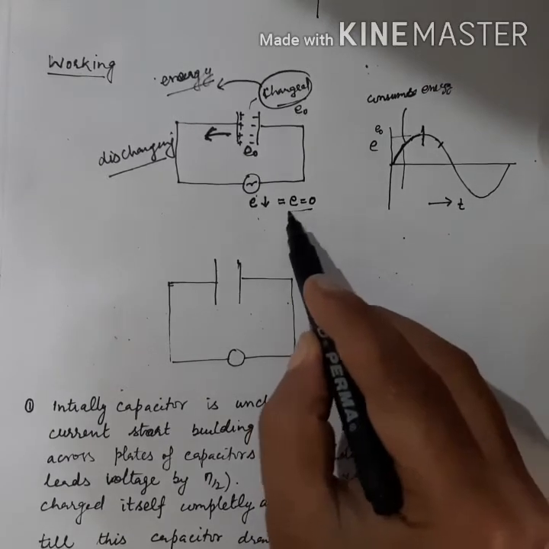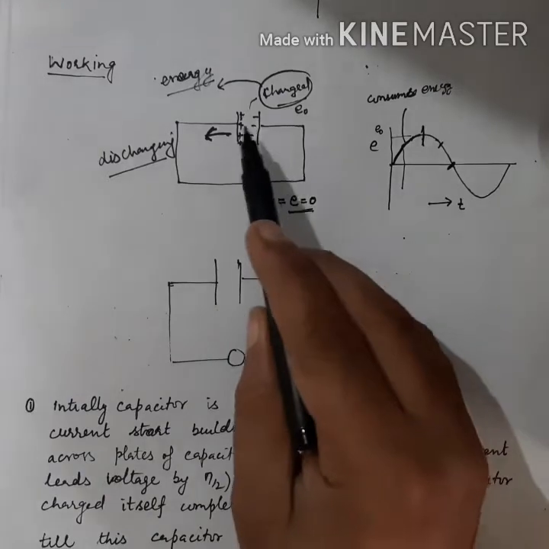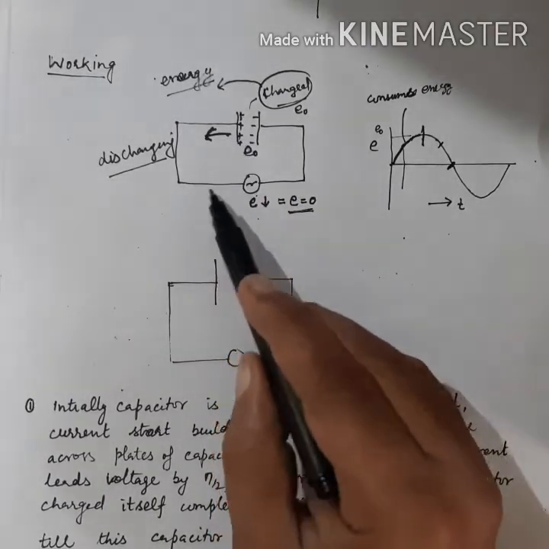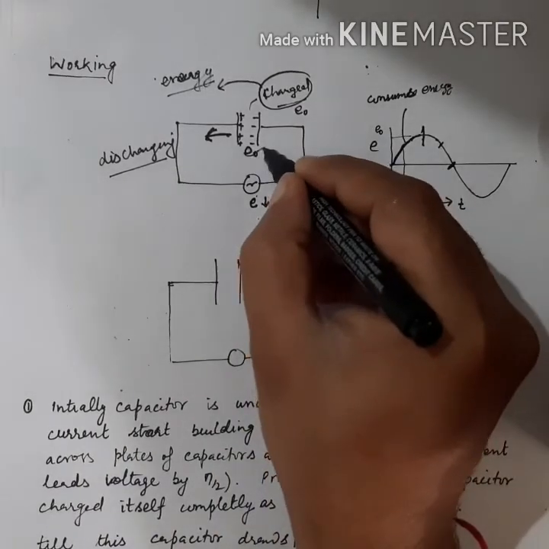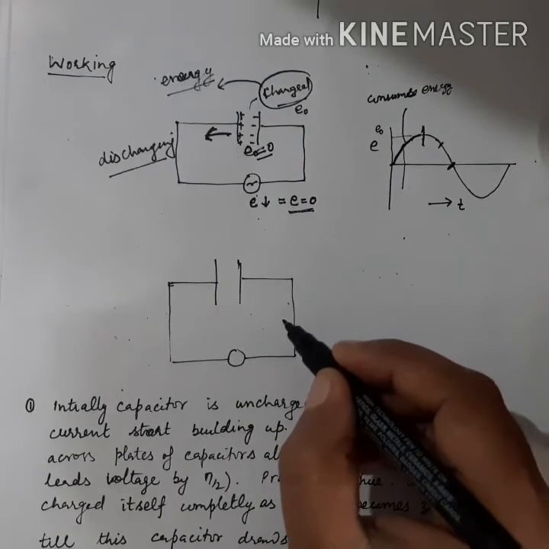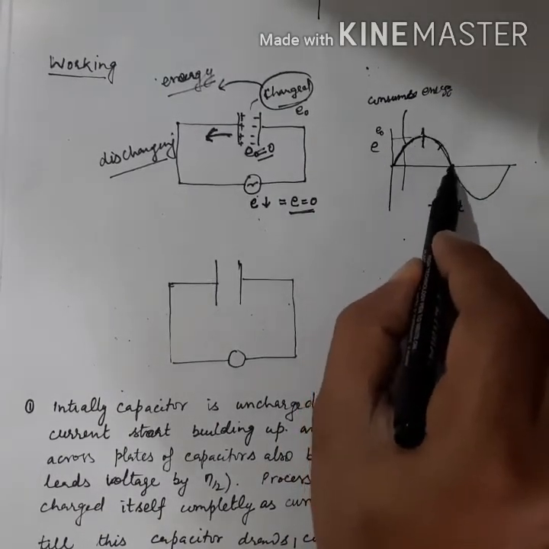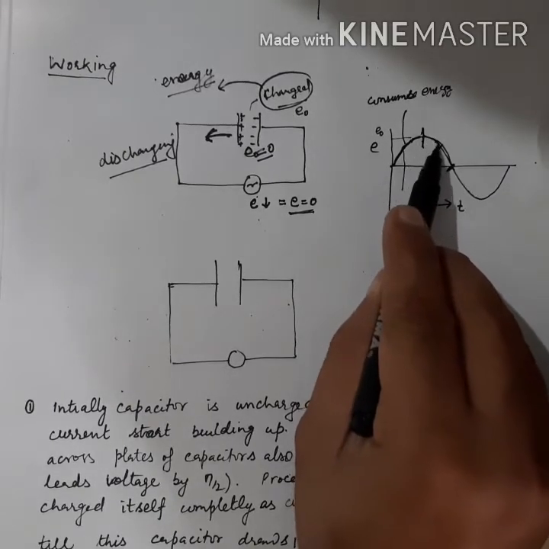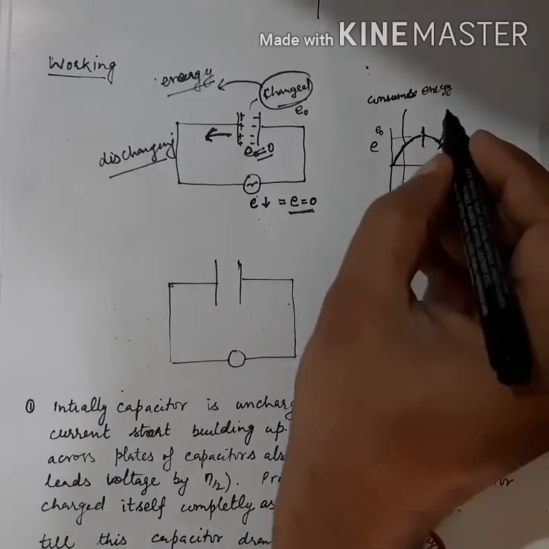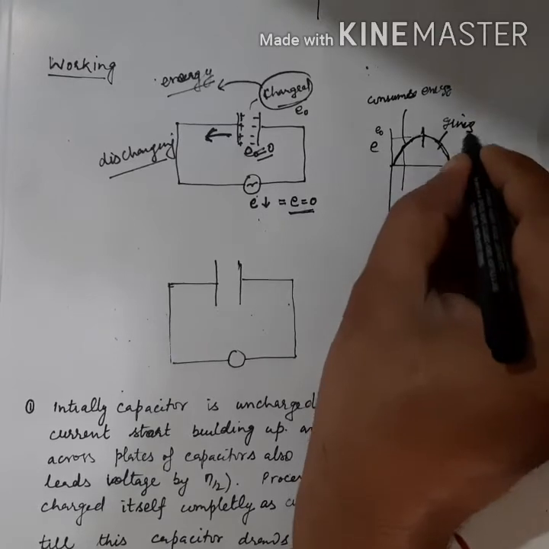The capacitor discharges to maintain the value of that potential, and this process continues till this EMF reaches 0. When the power supply reaches 0, at this point, this capacitor also keeps on supplying and its potential also becomes equal to 0. So at this juncture, when the power supply was less than the peak value, it supplies the energy. It gives the energy back to the source.